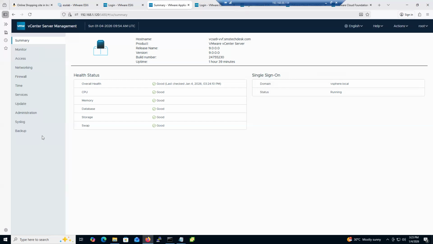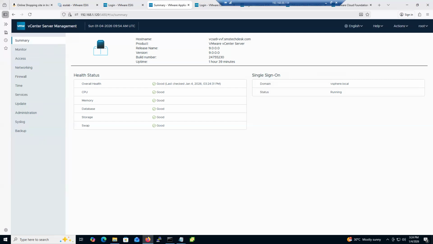So first, let's look at that overall health option, which is in the summary menu. Okay. So when the overall health is green and says good, it simply means that all internal checks passed during the last health scan. So nothing is broken at this moment.